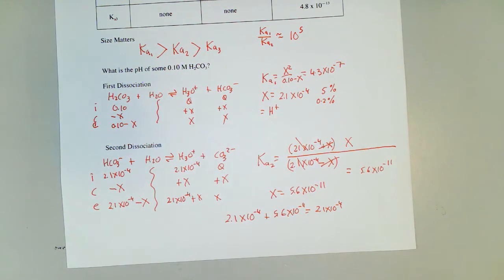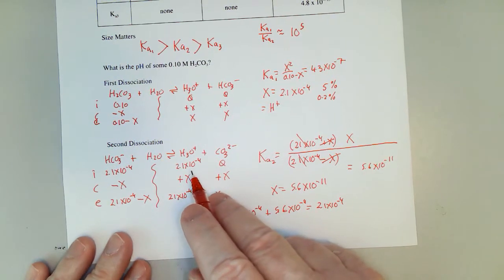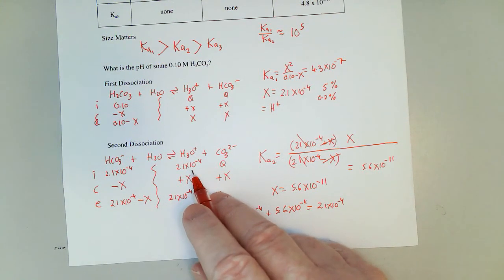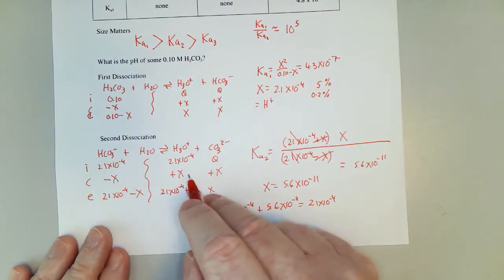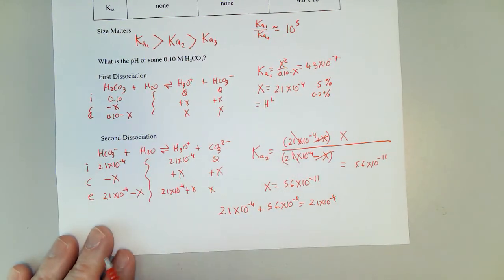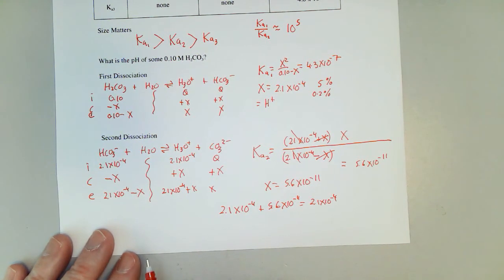So this is actually a really nice example of Le Chatelier's principle and what we can call the common ion effect. Because we already have a relatively large amount of H3O plus, the amount that can dissociate off of the HCO3 minus is drastically reduced. It really goes down a lot.